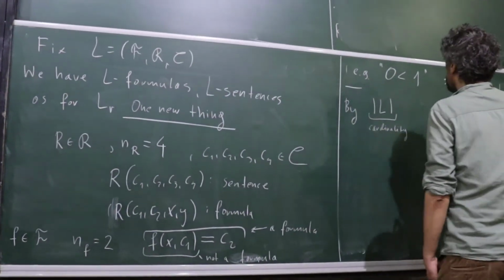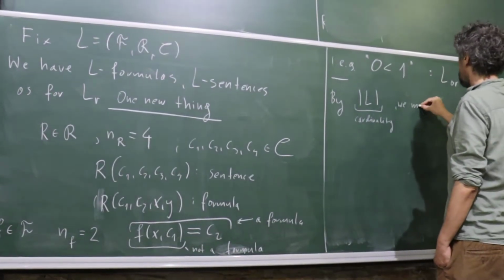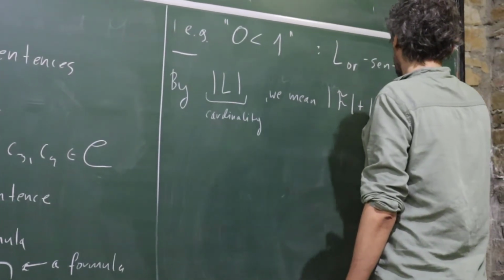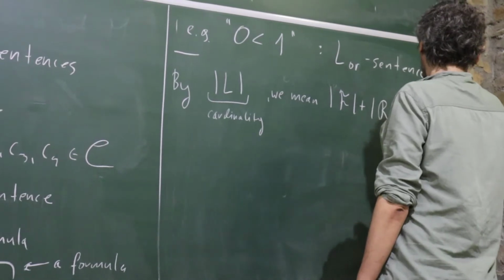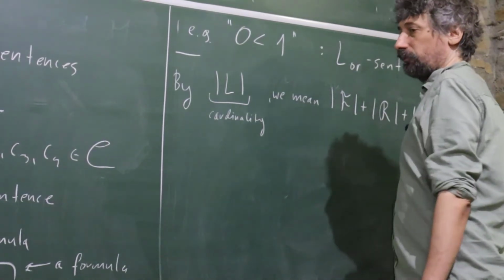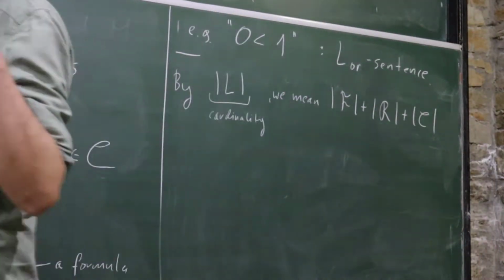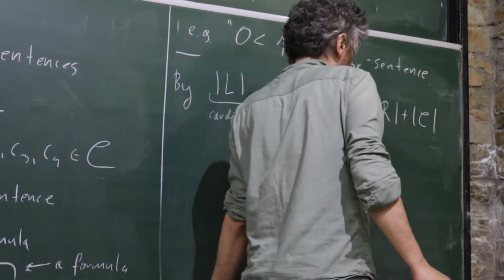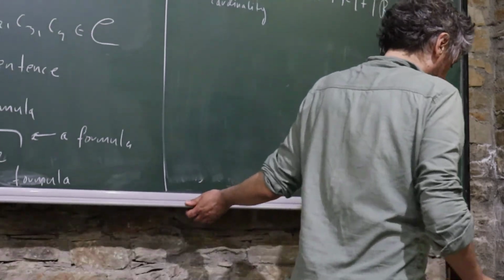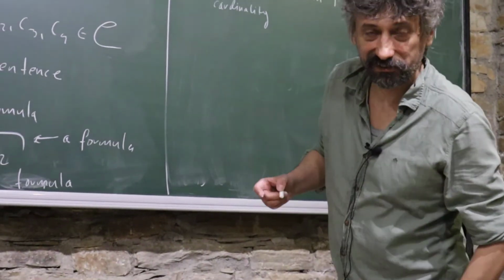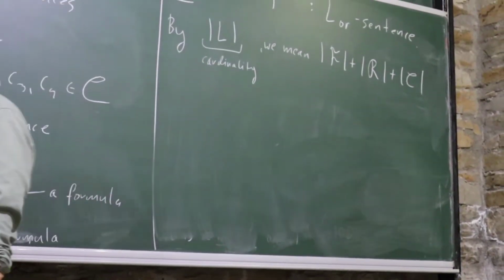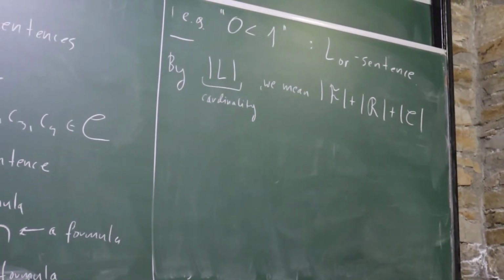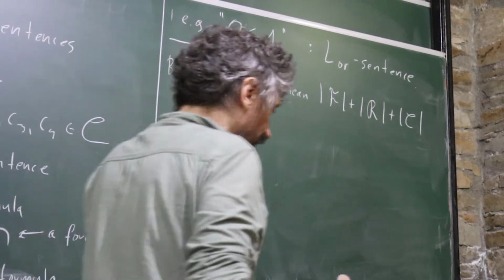We mean the sum of these 3. So if any of them is infinite, it's the maximum. It will become important, like in this theorem Osler mentioned in the break, that you can find a countable something. Then such counting will be important.